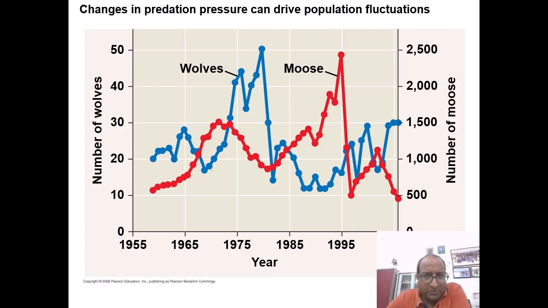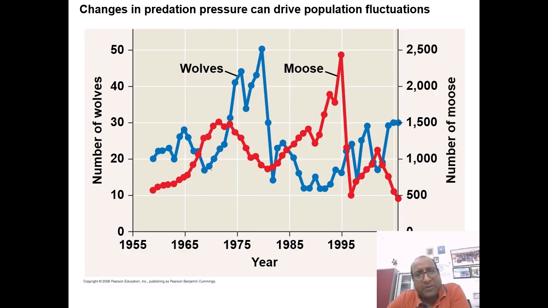If the moose population is increasing by the year 1965, the population of the wolf is also increasing, but suddenly it drops. Again the population starts increasing, and the population of both increases, but suddenly again there is a drop in the population of wolves.